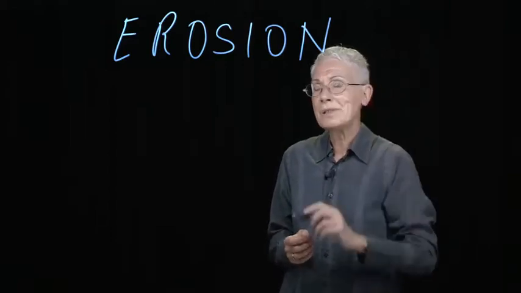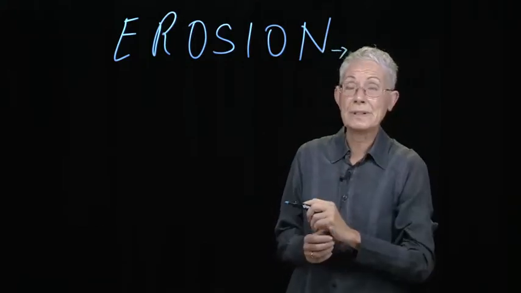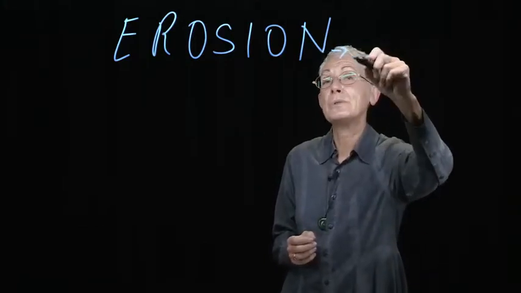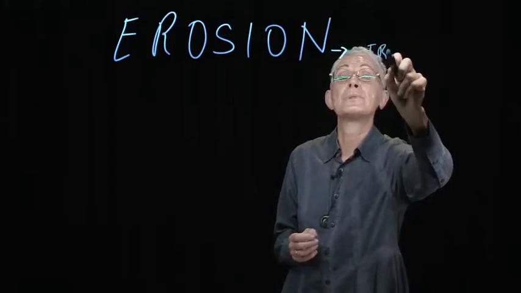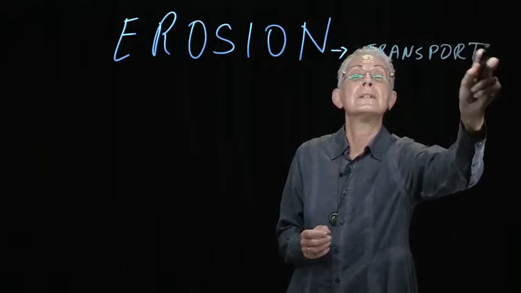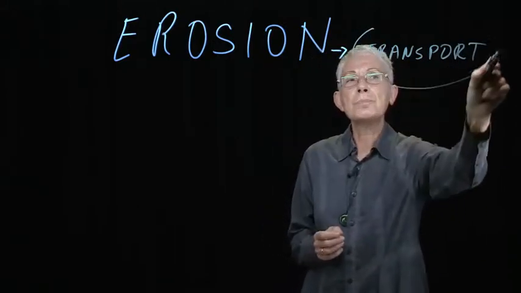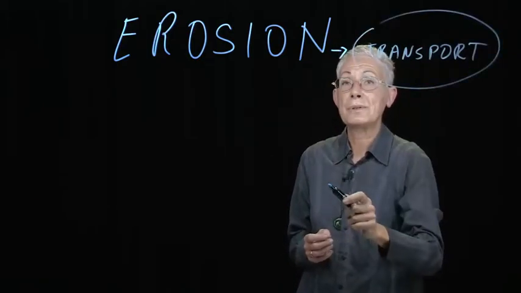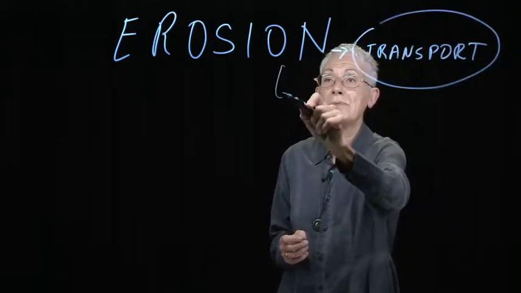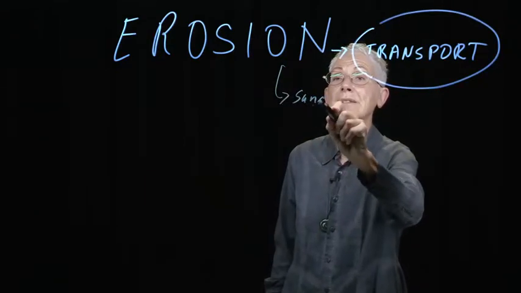But erosion implies that you break up a rock, but also then you transport the products. Now, the transport of the products of the erosion, and let's suppose that the products are from a rock you get into sand.